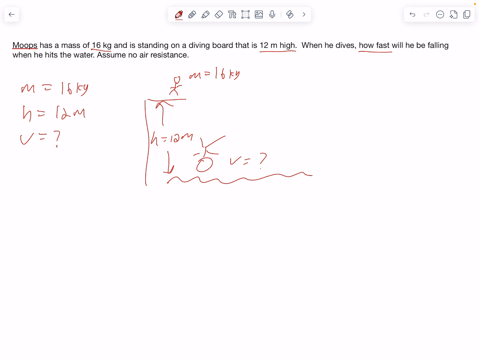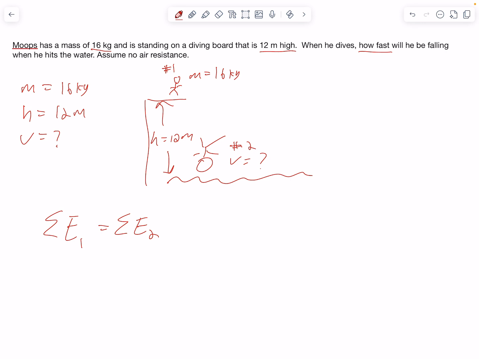I'm going to call this point 1, and down here by the water point 2. I am going to say the total energy at point 1 has to equal the total energy at point 2. That's conservation of energy. Energy is not created or destroyed. It's equal between any 2 points. It's equal before and after he jumps.